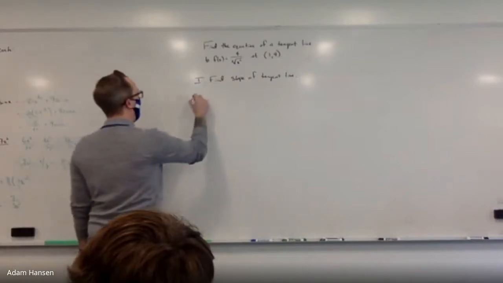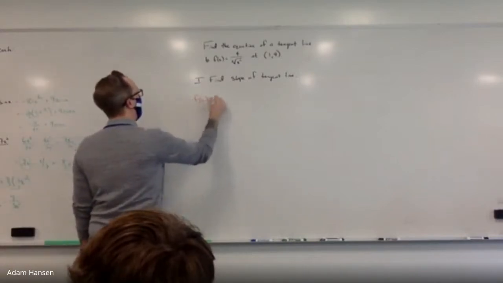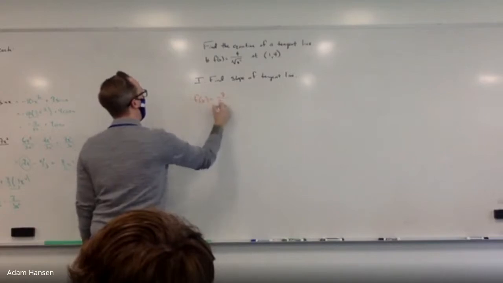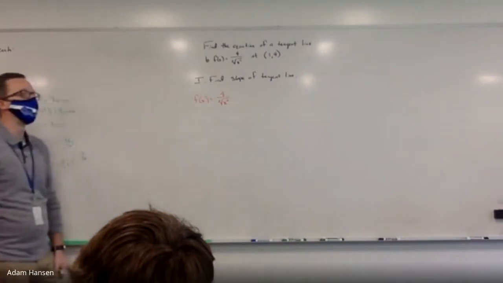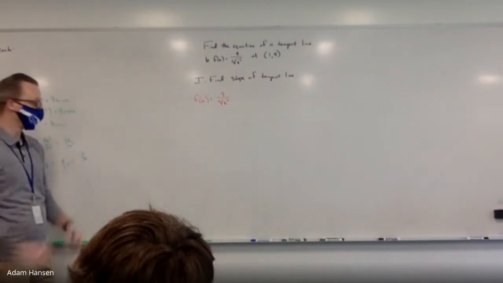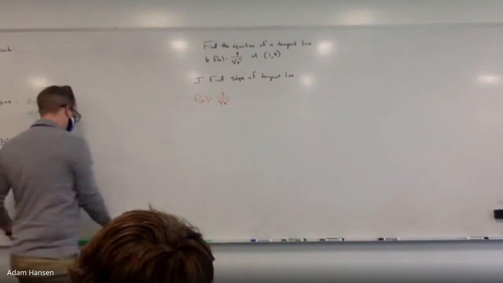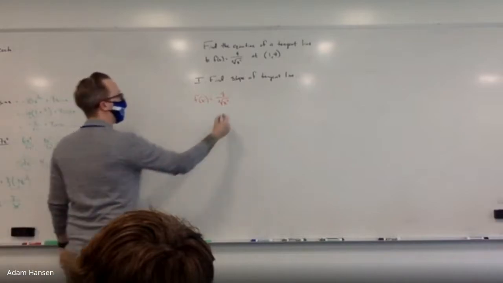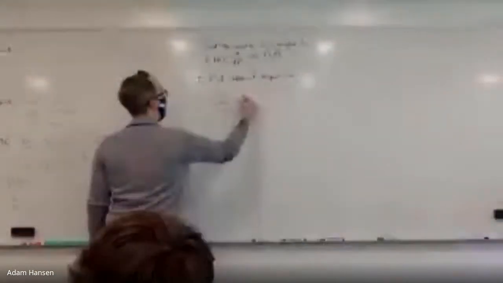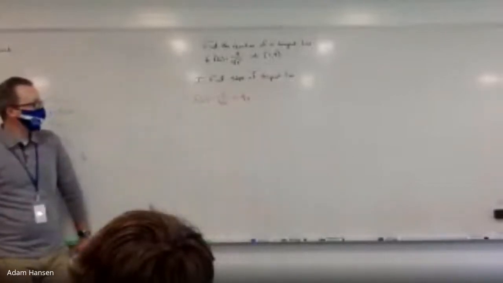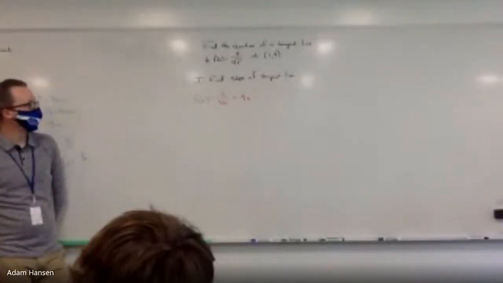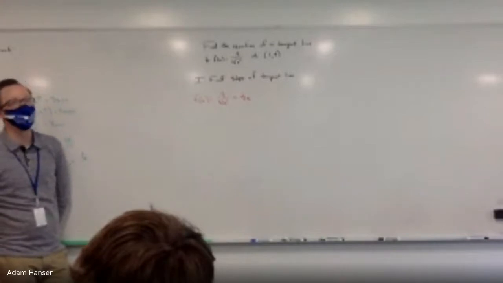I've got my function, f of x equals 4 divided by the cube root of x squared. Let's write that as 4 times some power of x. Is the cube root of x squared x to the 2/3 or x to the 3/2?